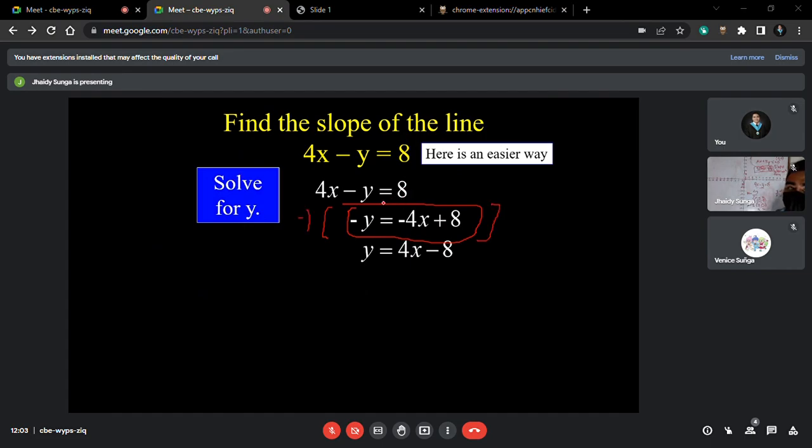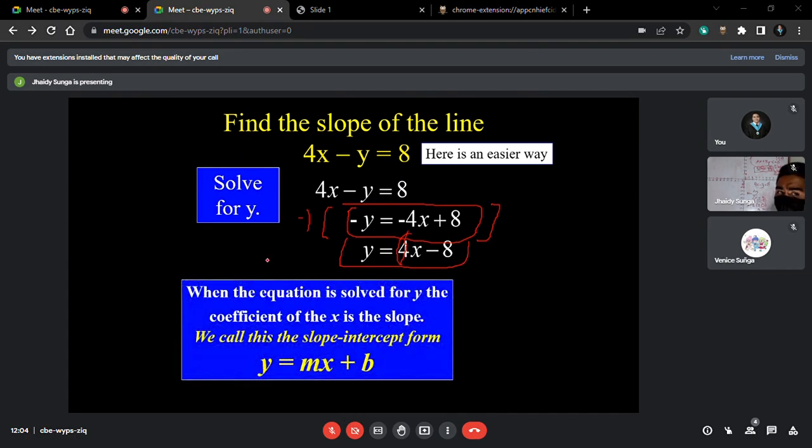Now, having this linear equation, we could simply see that our slope is this one. How? This is our y. Alright, so when the equation is solved for the y, what's our coefficient?